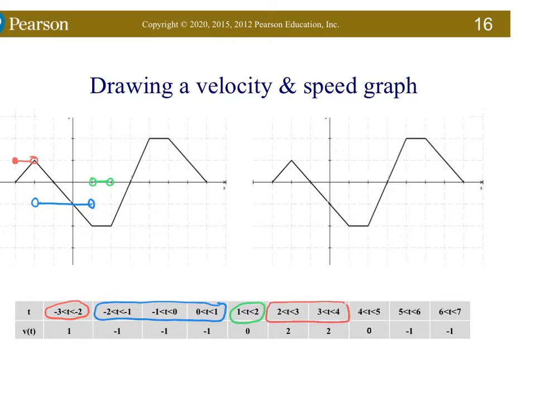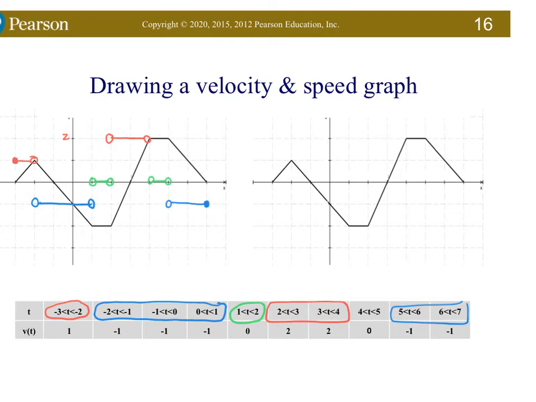From 2 to 3 and 3 to 4, I have a velocity value of 2, so I'll jump up to 2 and I will have a velocity piece up that high. Then I have another place where it's at rest from 4 to 5. And then I've got another section again, 2 intervals in a row, where it's -1 up until the end. So that is the drawing of the velocity graph superimposed upon the original graph.